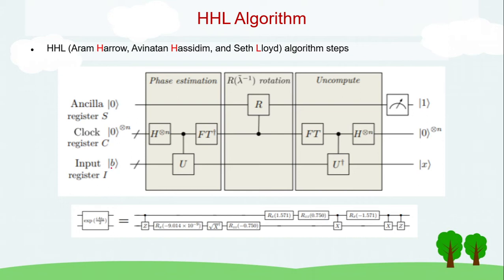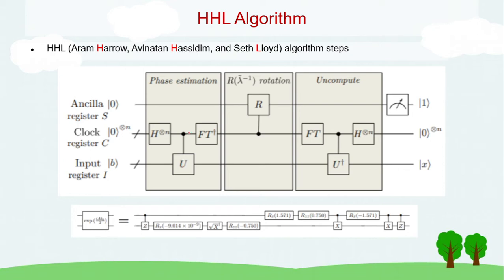So what we do is take the B and apply the U gate, which is nothing but e power iAt. You apply that on the result of the clock register: from the 0 state, you apply a Hadamard gate, then on that state you apply e power iAt.